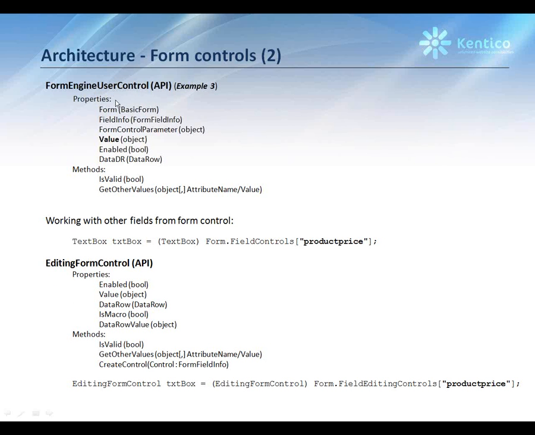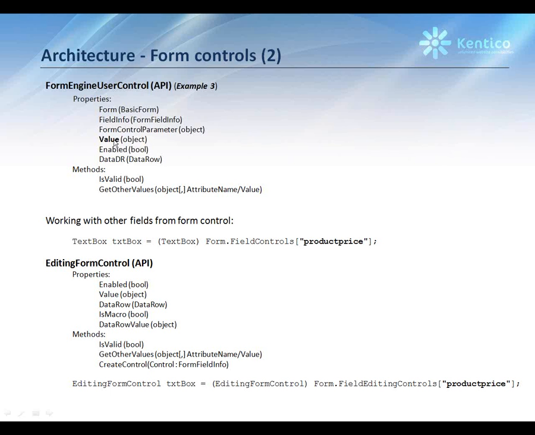So from your custom form control, you can simply access any information that the user defined for the field that is used for a form control, for example caption, size, etc. Form control parameter. This is very interesting. Some of you might already be aware of it, but some of you not. So I've decided to cover this one in my code example.